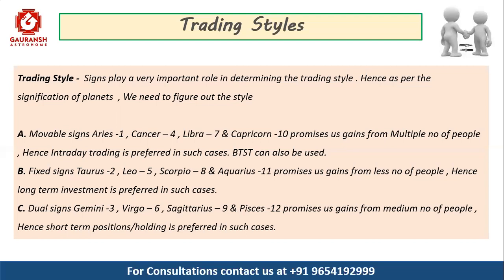And if it falls in the bandwidth of 15 to 30 degrees, then it acts more like a movable sign, wherein we can increase our activity. So this is the environment which the sign provides. This is all with respect to the sign which we will be needing in this course.